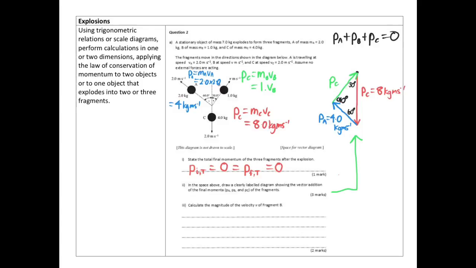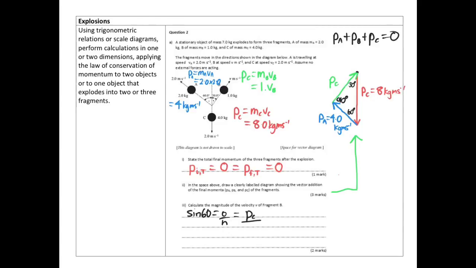So we can use any number of our trig relationships because we know 3 angles, we know the hypotenuse, and we're trying to solve for B. I might go with sine. The sine of 60 equals the opposite over the hypotenuse.